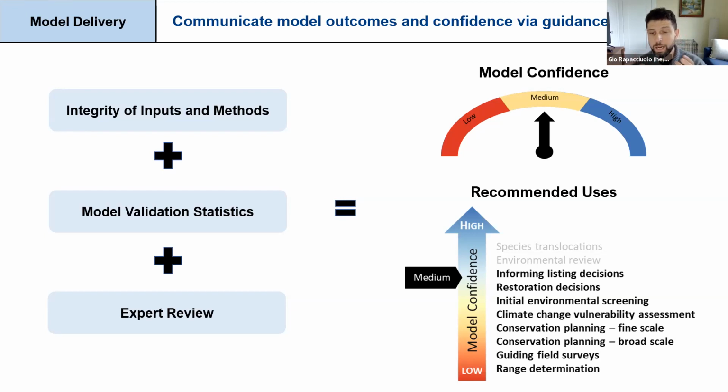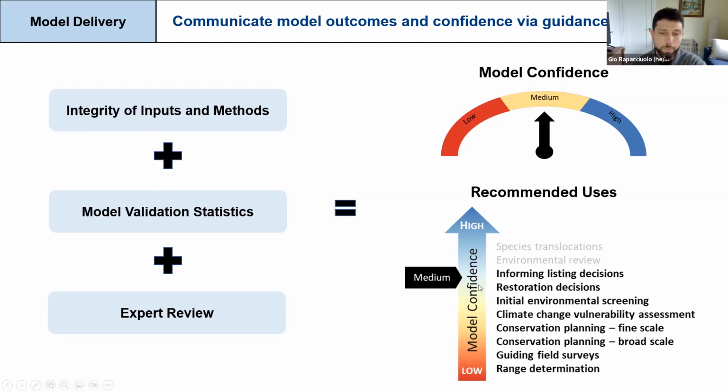Based on the amount of effort we're able to put into a model and the number of model versions we're able to create, we generally tend to move towards higher model confidence. But expert review is one of the key inputs there, as well as the statistical performance of models and the integrity of inputs and methods that we've used.